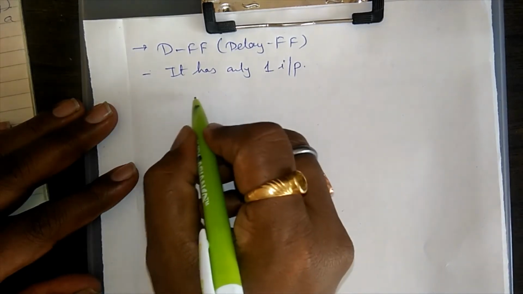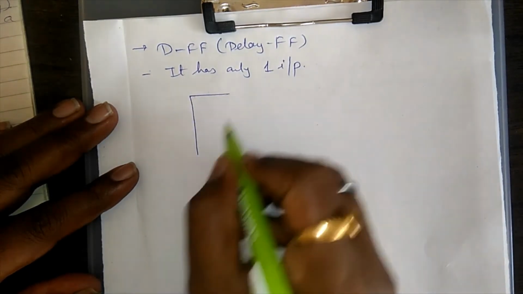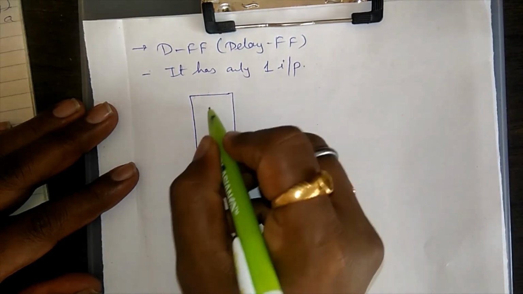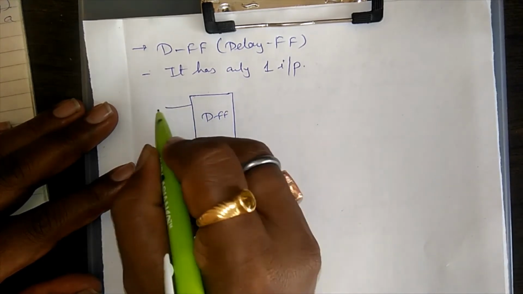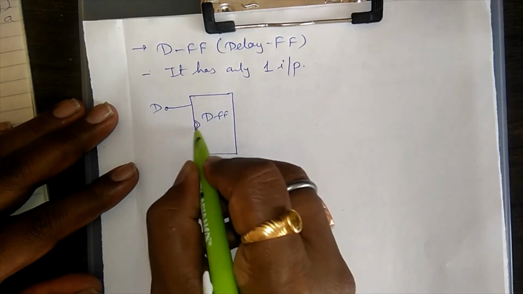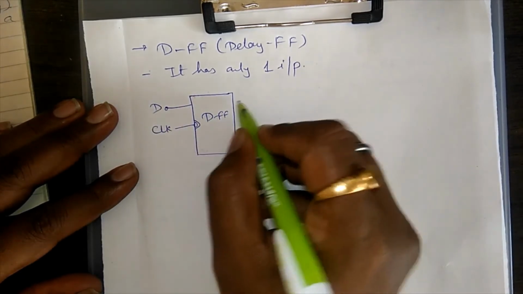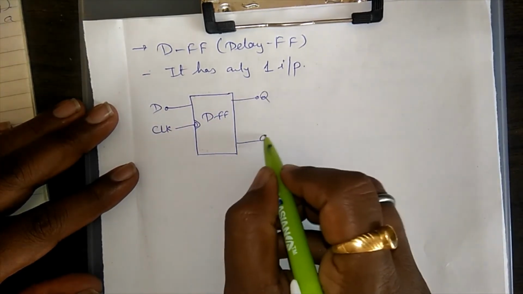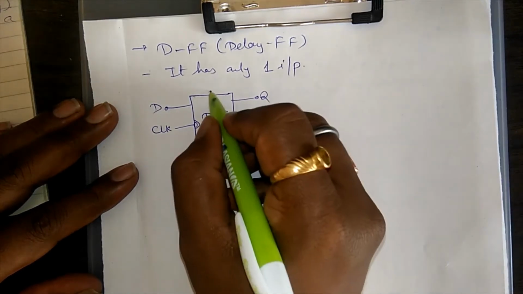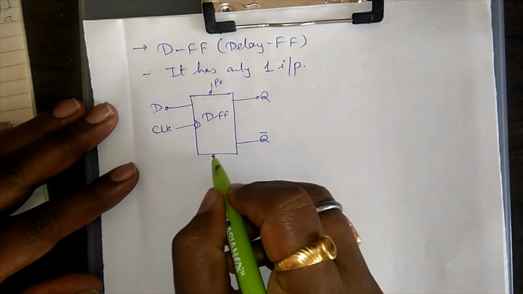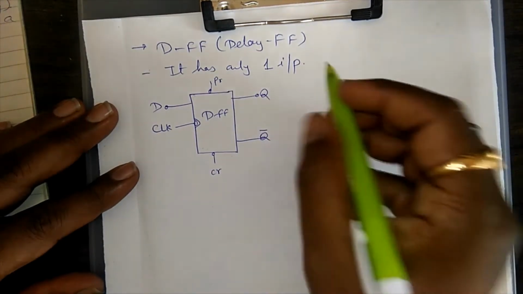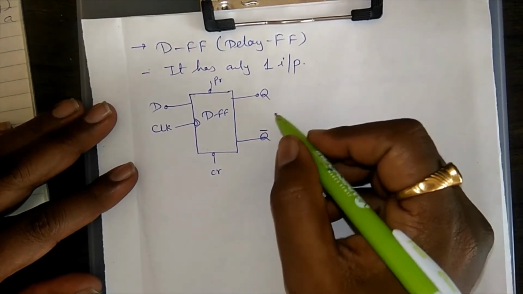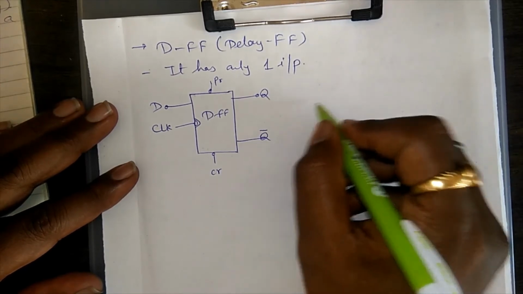So we will see the symbol of the D flip flop. This is D, this is clock, Q and Q bar. This is preset and here clear. Now how has this D flip flop been prepared? Let's see.